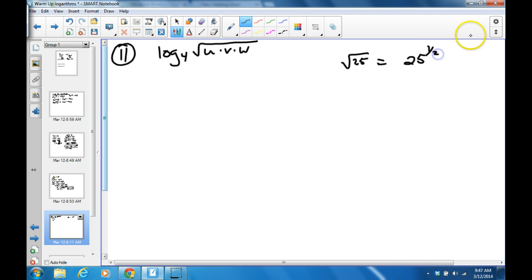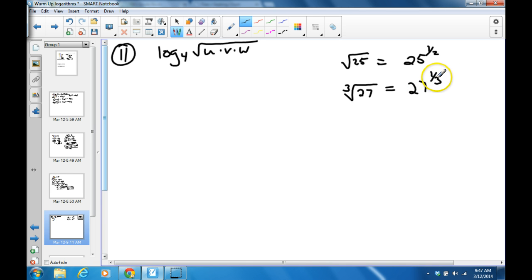Nope, 1/2. Hang in there. So the square root of 25 is the same as saying 25 to the 1/2. If I had the third root of 27, how would I write that in exponential form? 1/3.